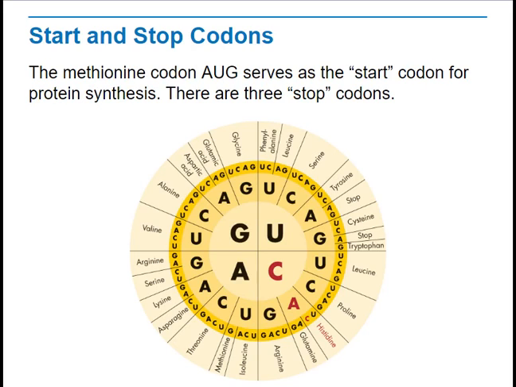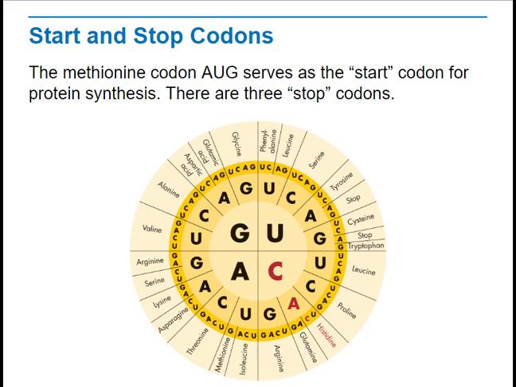If we think of the genetic code as a language, a language needs punctuation marks. At the beginning of a sentence, we have a capital letter. At the end of a sentence, we might have a period. In the genetic code, we have start and stop codons that tell when to start making a polypeptide chain and when to stop making that chain.